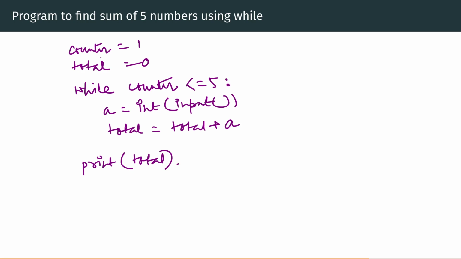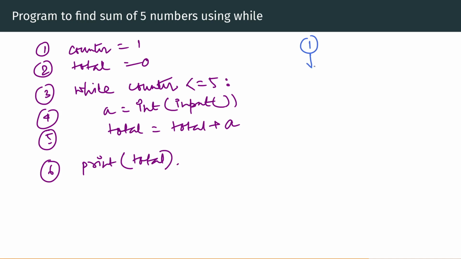So what this does is, this is step 1, 2, 3, 4, 5, and 6, right? If you had to draw the flow, you'd do step 1 and step 2, and at step 3 you have to decide which way to go. Step 3: while counter is less than or equal to 5.